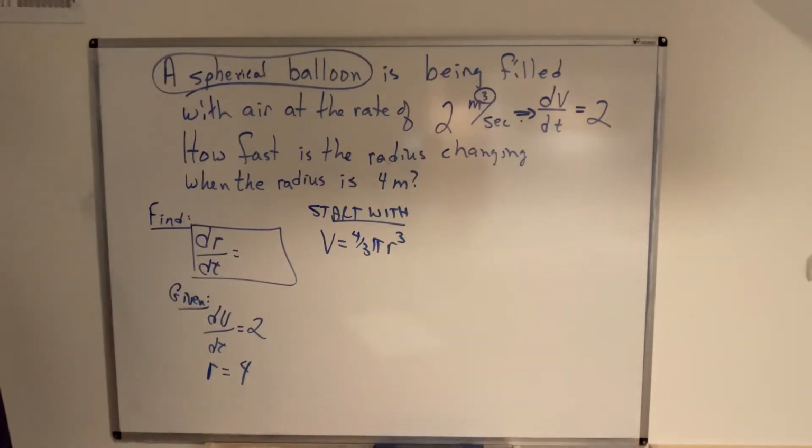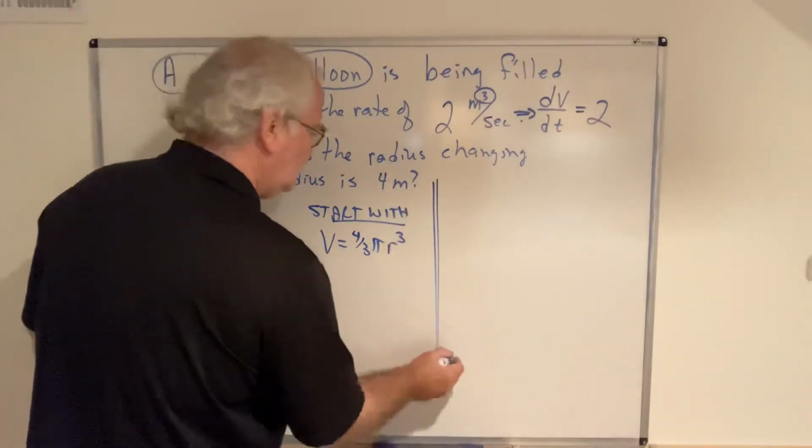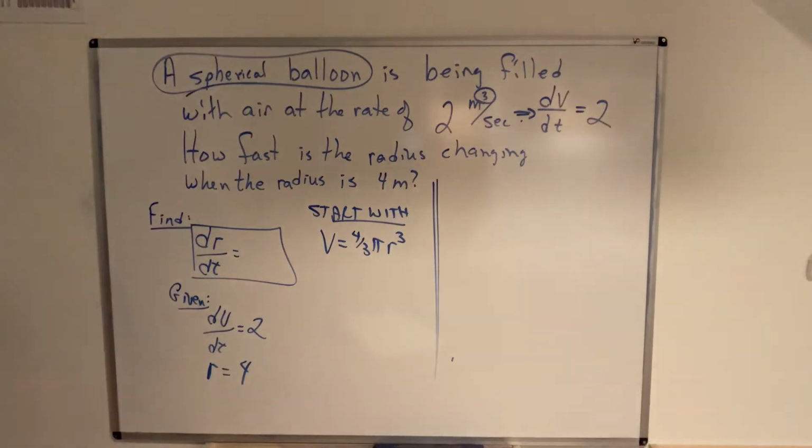All right? So here's the process. Write out what you're asked to find. Write out what you're given. Our next step, here it comes, this is the cookbook procedure. We need to do a differential count.